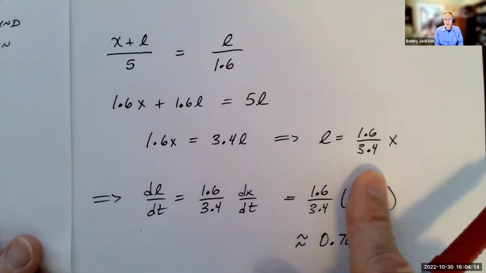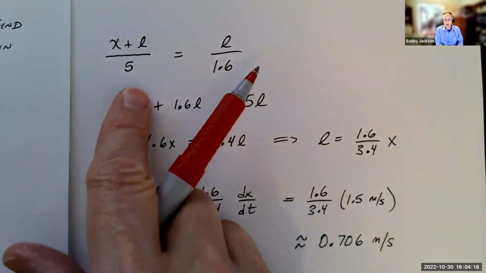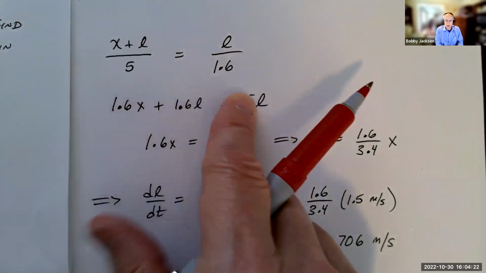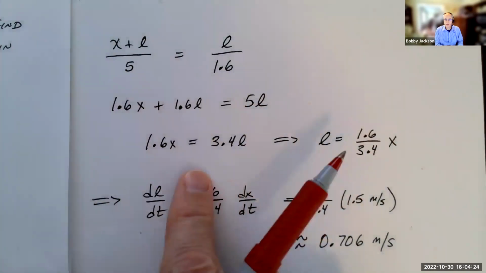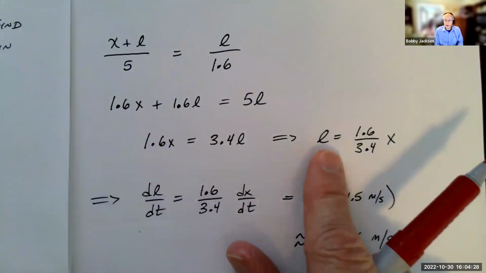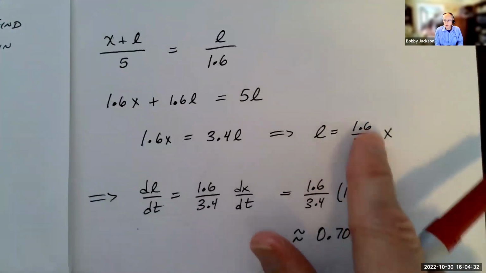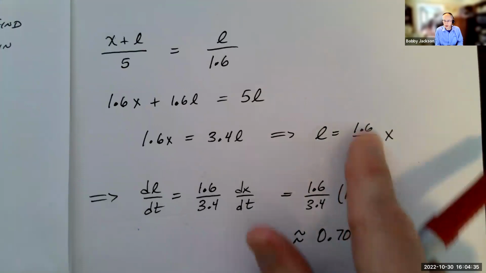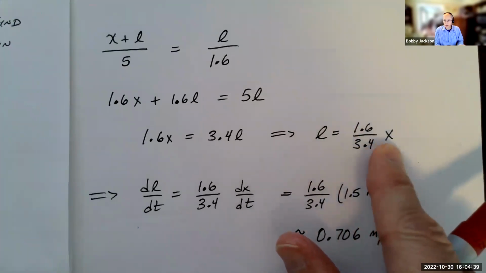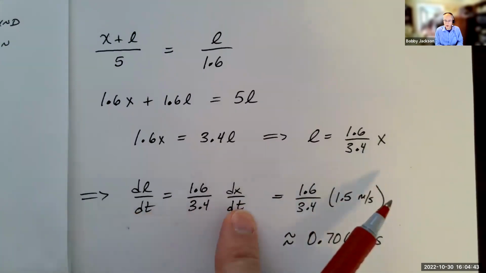Usually I don't solve for one variable in terms of another variable all the time. I'll go right in and do the implicit differentiation with respect to t, or time, on both sides and work it that way. But this way it makes sense. So now I can differentiate, but clearly notice dL dt is just a constant, 1.6 divided by 3.4. You can use your calculator to approximate that, but it's just a constant, times what? X, the derivative with respect to t of x, of course, will give us the related rates equation.